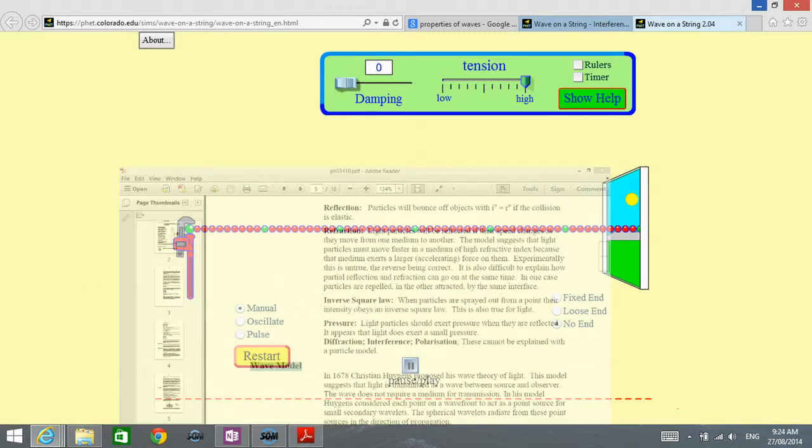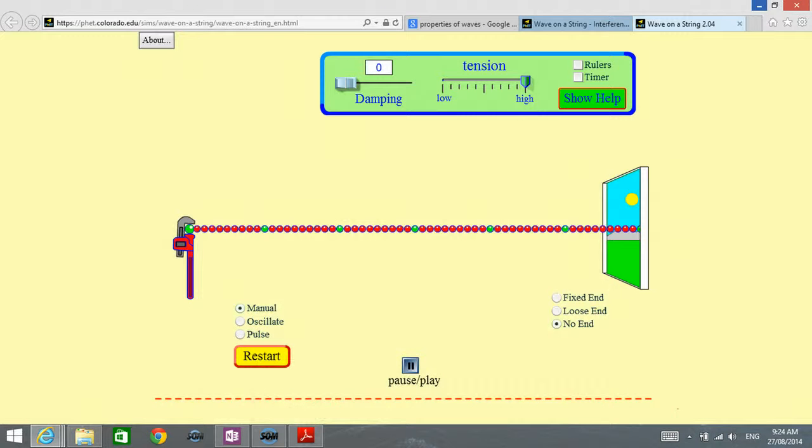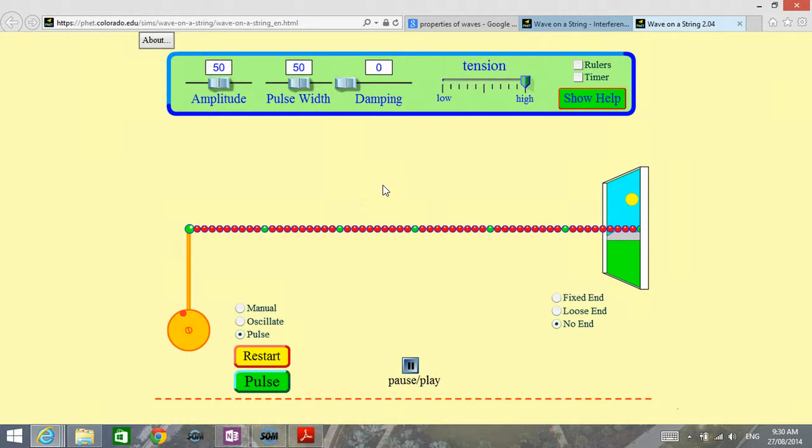So in order to understand the whole concept, we are going to start revising what we learned in year 11 first, which is the property of waves. Let me show you a wave.